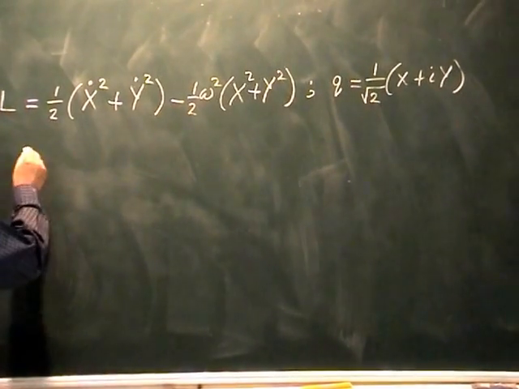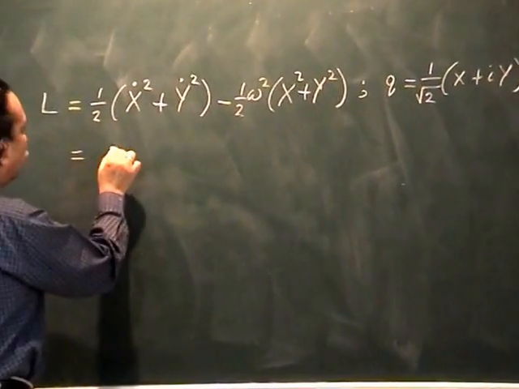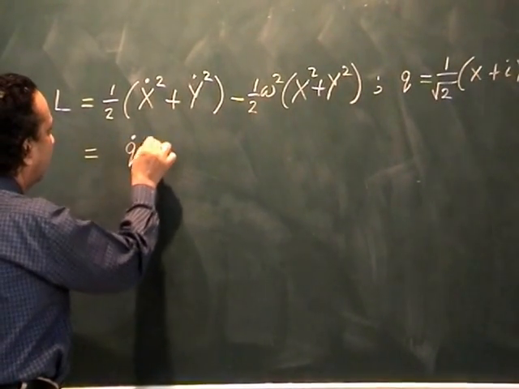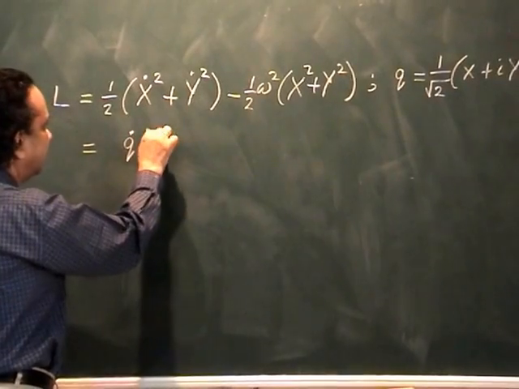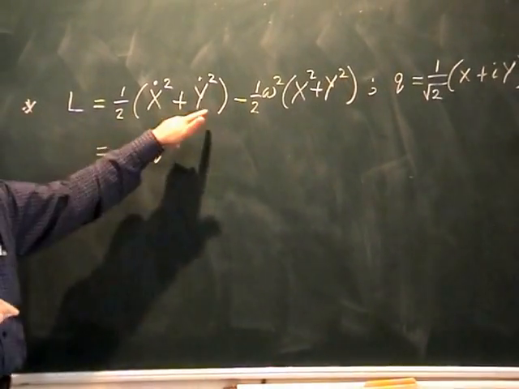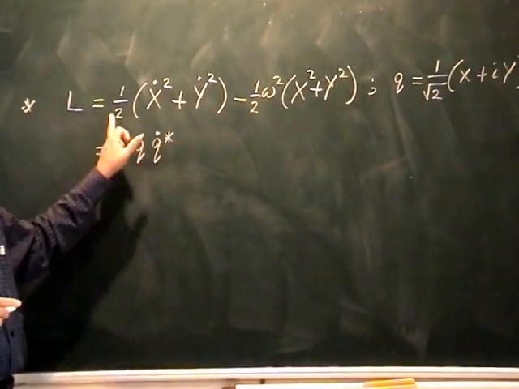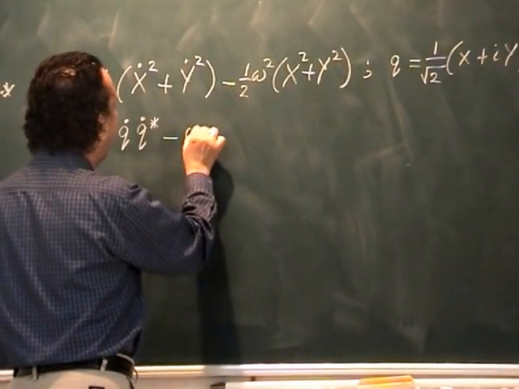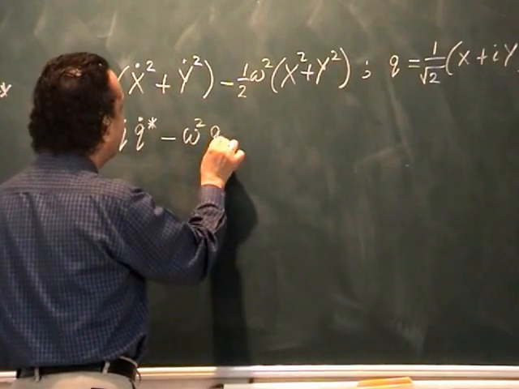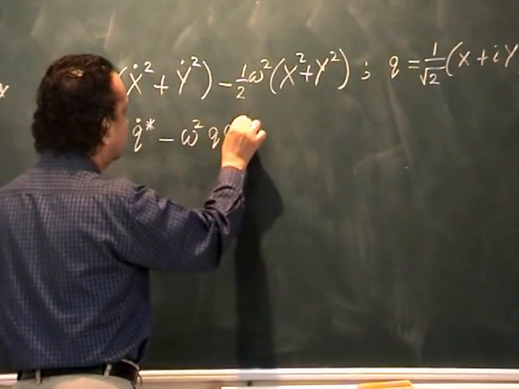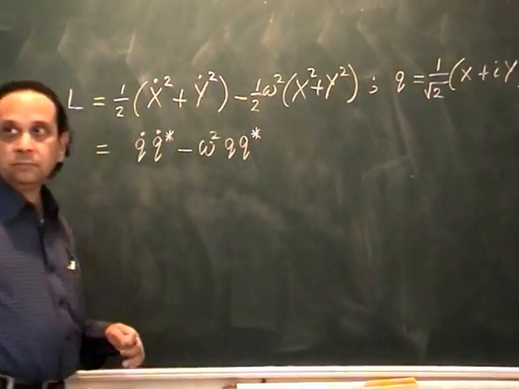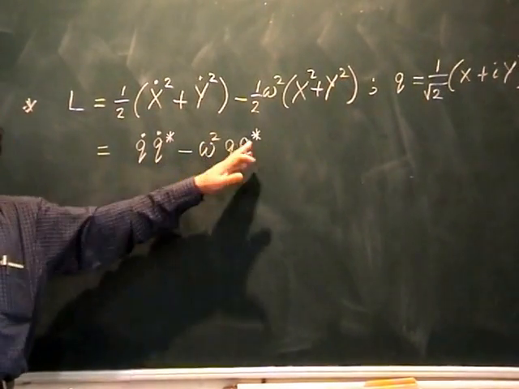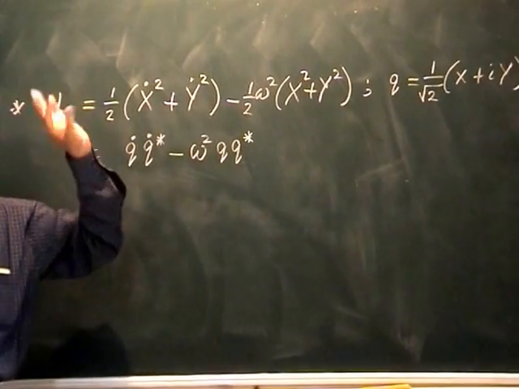But this quantity can be written as q dot times q dot star, which is just mod q dot square, which is just going to be this quantity, and then 1 by root 2 takes care of the half, minus omega square q q star. So this is mod q dot square, this is mod q square. It looks as though I am just dealing with a complex q.